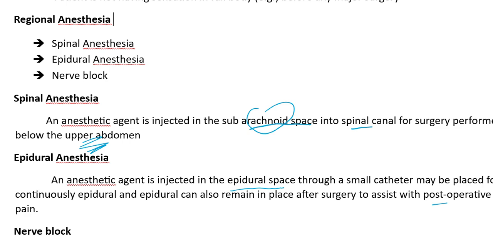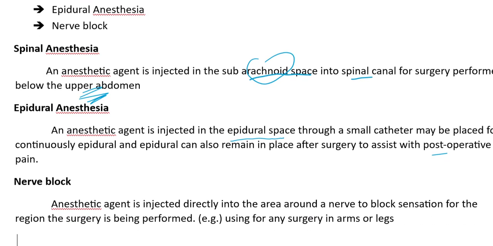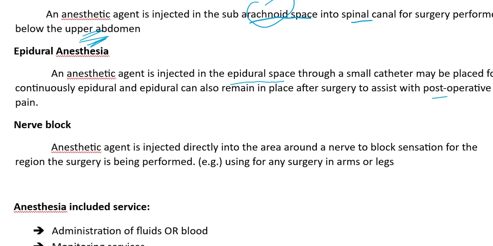So next, nerve block. What is nerve block? An anesthetic agent is injected directly into the area around a nerve to block sensation for the region where the surgery is being performed.